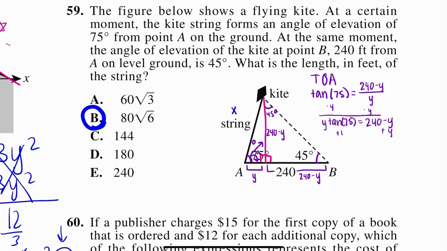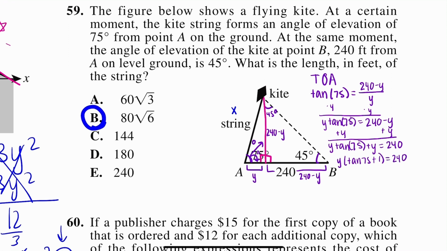I'm trying to get all my y's on the same side. That's what I'm trying to do first. So I'm going to add that y over. And now I'm kind of stuck because I need to get tan to the other side. So I'm going to factor out a y from both of these terms, tan 75 plus 1.